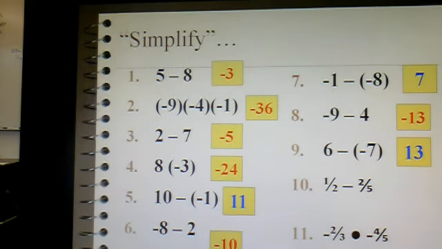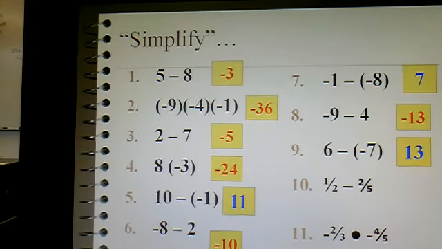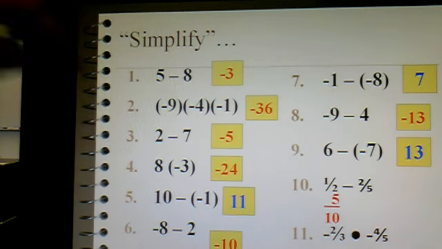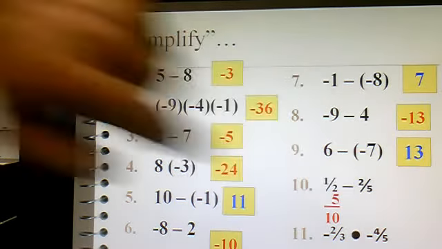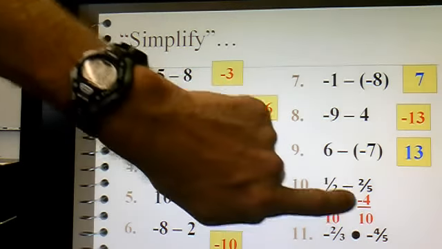Got to get common denominators when you're subtracting or adding fractions. So just kind of reviewing that, making sure you don't lose track of that. Common denominator between 2 and 5 is 10. So 1/2 is the same as 5/10. Probably want to change that to 5/10. 2/5 means you multiply the top and the bottom by 2, and you get 4/10. I attach this negative sign here. I don't care how you do that.